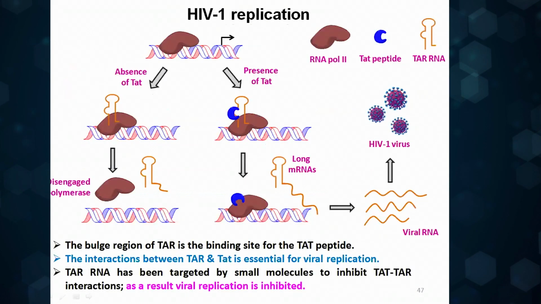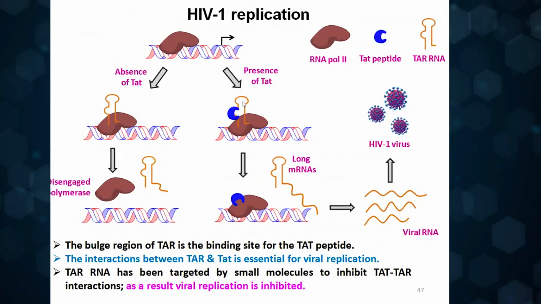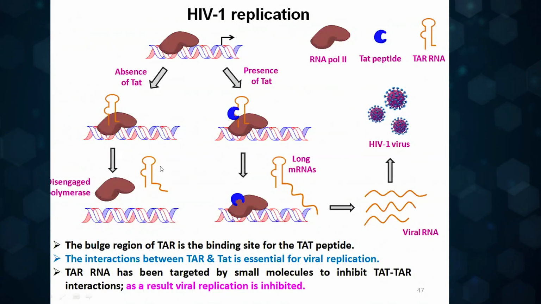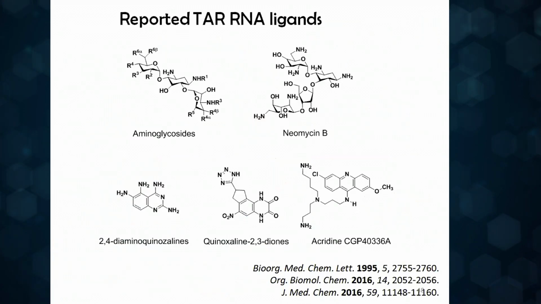The bulge region of the TAR RNA is the binding site for the TAT peptide, and the interaction between the TAR and TAT is essential for the viral replication. TAR RNA, therefore, has been targeted by small molecules to inhibit TAR and TAT interactions. As a result, the viral replication is inhibited. Therefore, small molecules that can bind and stabilize the TAR RNA are considered as antiviral agents.